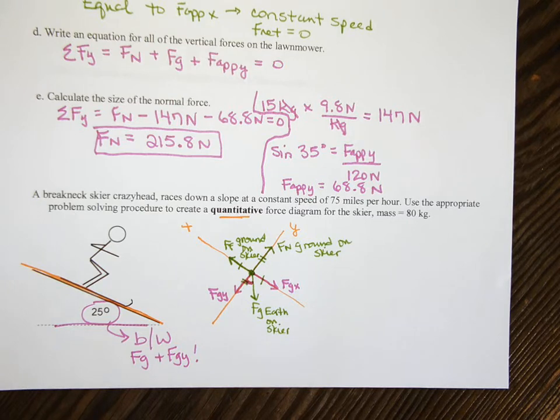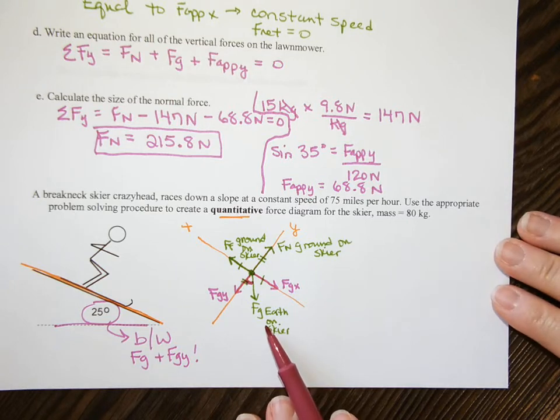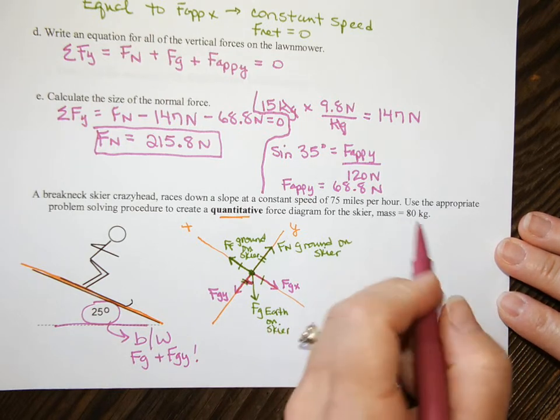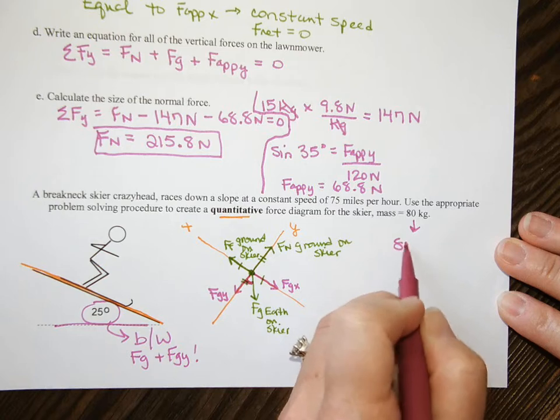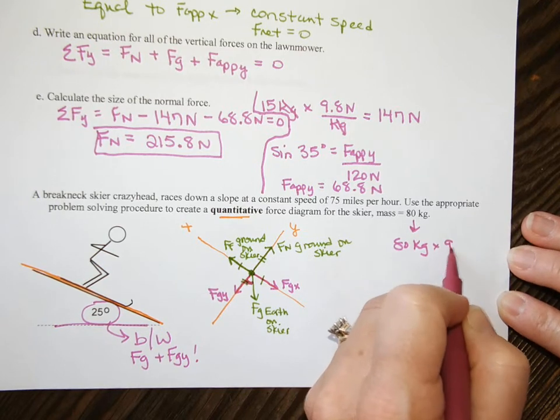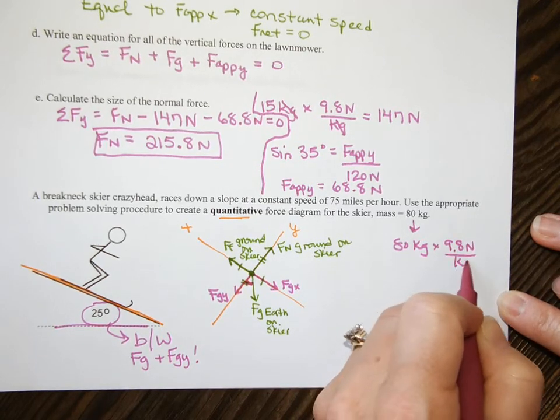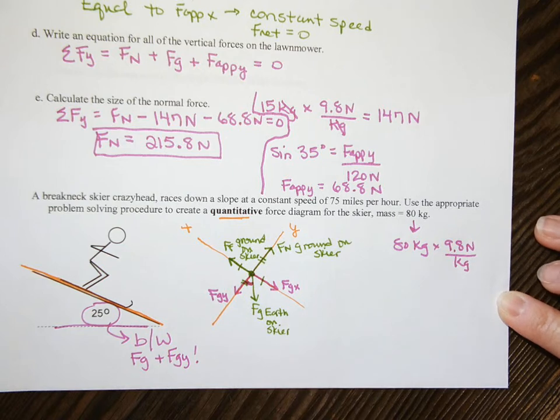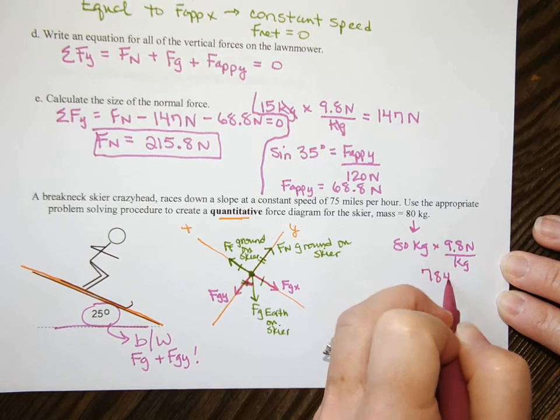All right, let's get to work on the quantitative part. I'm going to start with the weight of the skier. His mass is 80 kilograms, so I'm going to multiply that by 9.8 newtons per kilogram. 80 times 9.8 gives me a weight of 784 newtons.